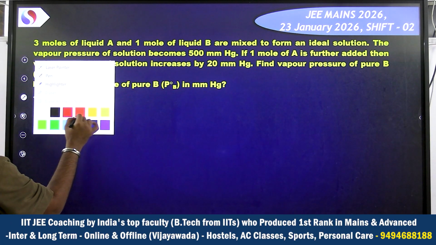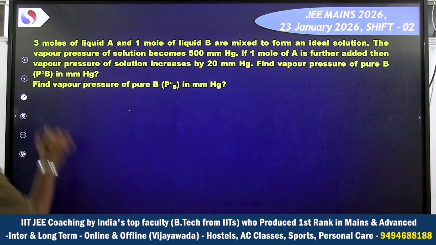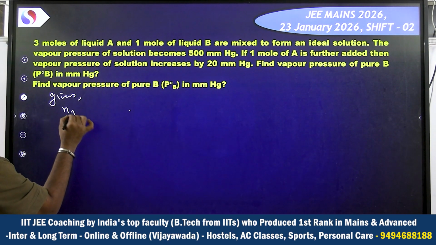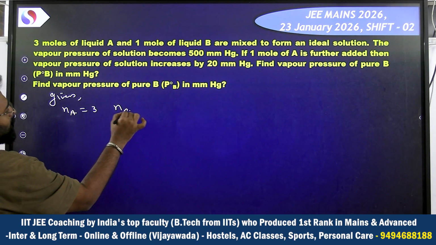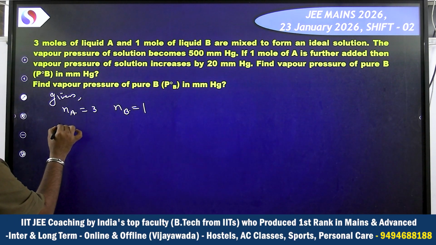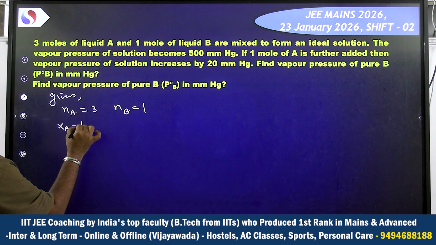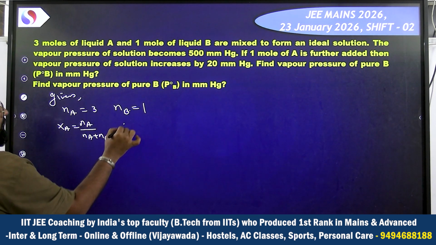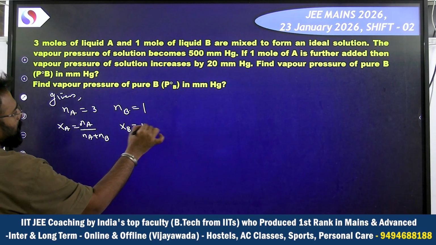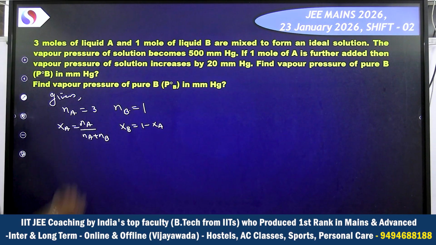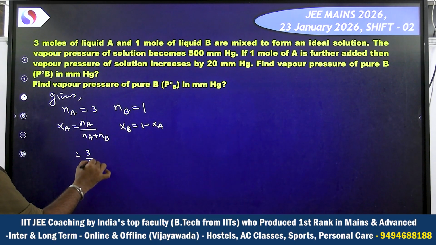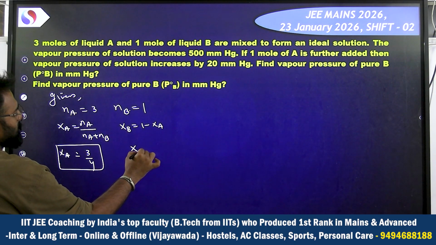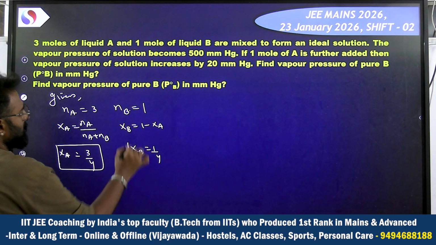To understand the question carefully, what we have is: number of moles of A is 3, number of moles of B is 1. So XA will be nA upon nA plus nB, and XB will be 1 minus XA. So this will be 3 by 4, and this will be 1 by 4.